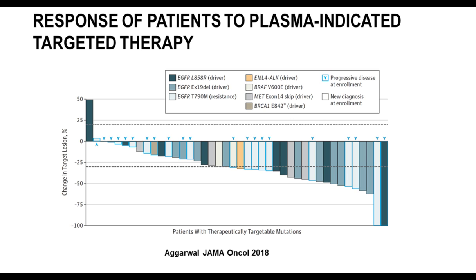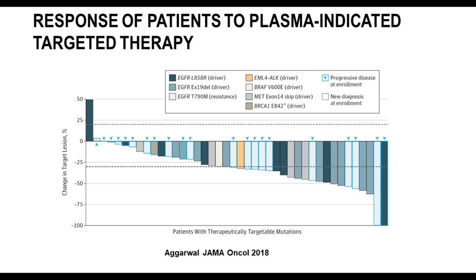There are recent findings, actually several papers, demonstrating that if you find a mutation in the blood and you treat the patient with a matched therapy, the response rate is similar to what is observed when the mutation is detected at tissue level. So no difference in response rate between liquid biopsy and tissue testing.